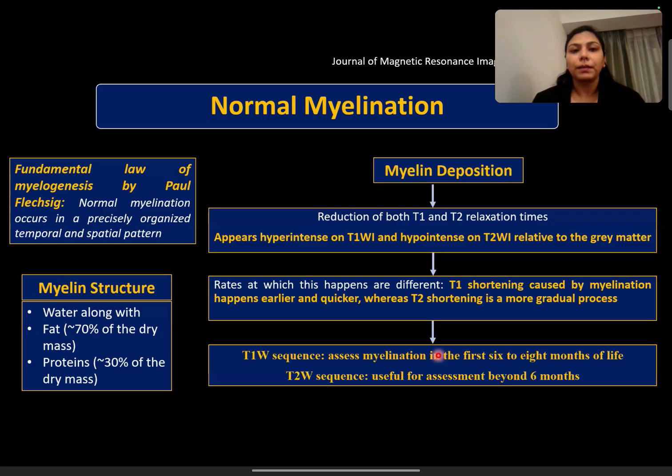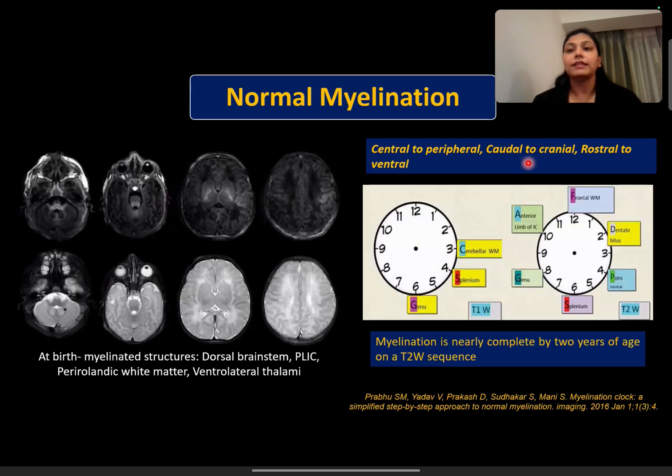According to the fundamental law of myelogenesis, normal myelination occurs in a very precisely organized temporal and spatial manner. It occurs from central to peripheral, caudal to cranial, and posterior to anterior, as we saw in this image in the last presentation as well. There is a famous myelination clock which can guide us on which structures myelinate at what times, but we should at least know the earliest myelinating structures, which are the dorsal brainstem, the posterior limb of internal capsule, and the periatrial white matter.